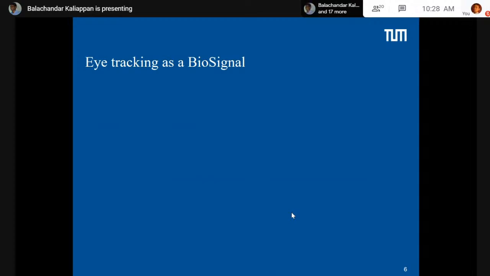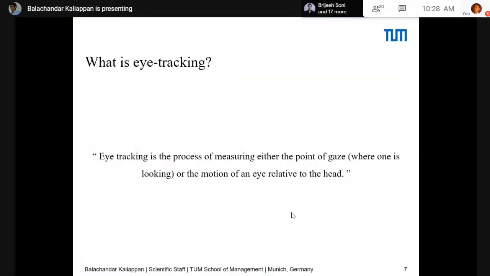And now I'm moving the session from the types of biosignals to eye tracking as a biosignal. And what is eye tracking? This is a bit tricky. So you have two eyeballs here, and they are moving here and there. When I shake my hand here, now you're not focusing on my face, you're focusing on my hand, because my hand is showing some sort of movement.